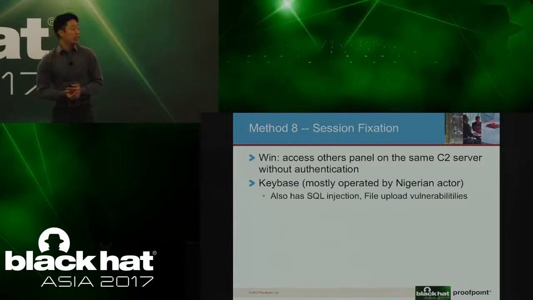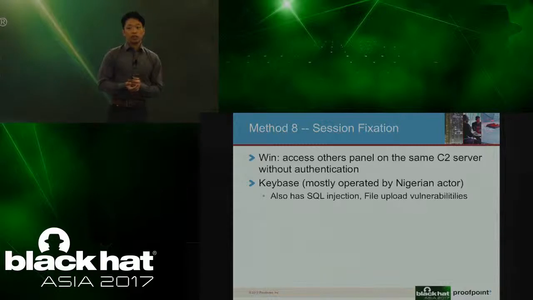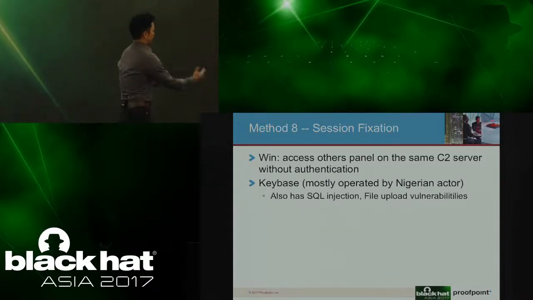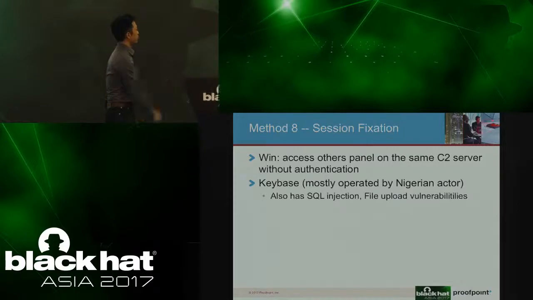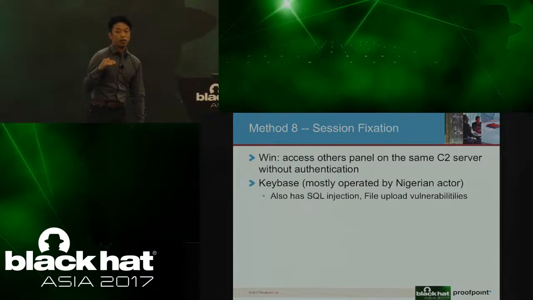There certainly is a need because we found out that some actors love to host many command and control panels on the same server. And Keybase, for example, is mostly operated by Nigerians. This actor loves to run multiple C2 control panels on a single server.